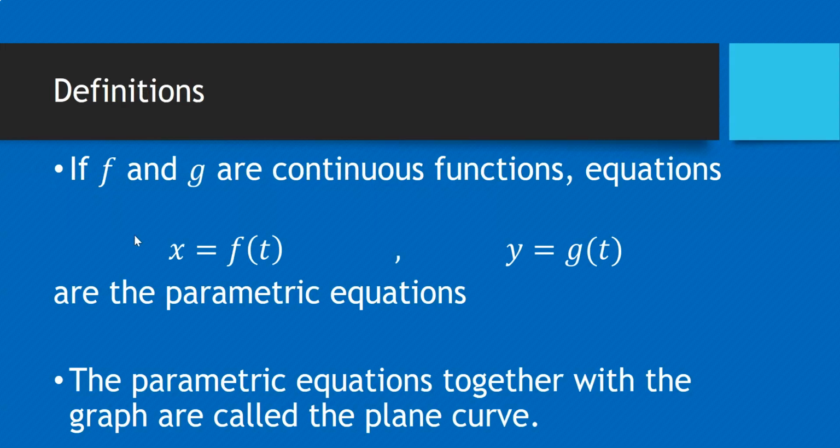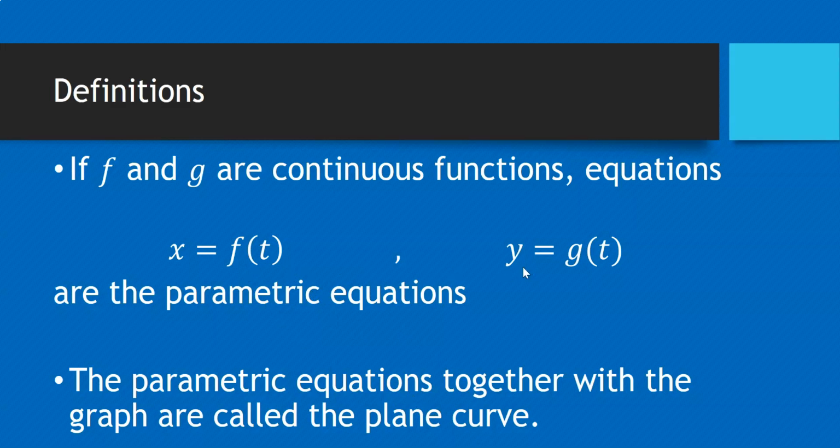Now, if f and g are continuous functions, the equations x equals a function of t and y equals some other function of t are called the parametric equations. And those together with their actual graph is called the plane curve. So if you've seen the word plane curve, that's the graph of parametric equations.